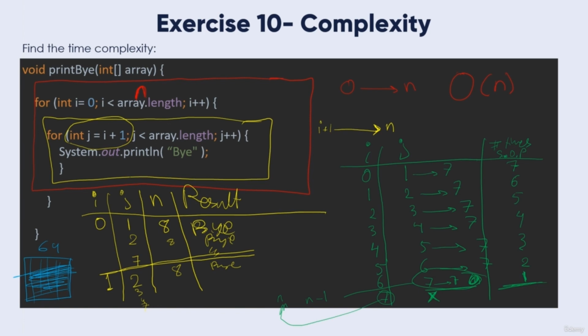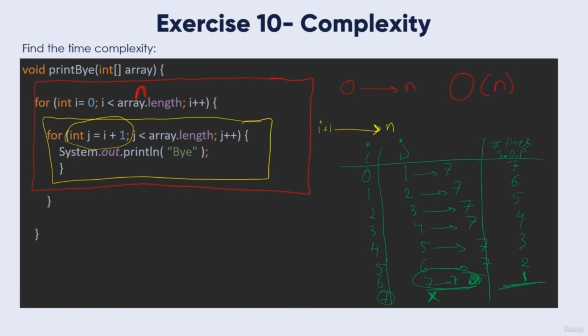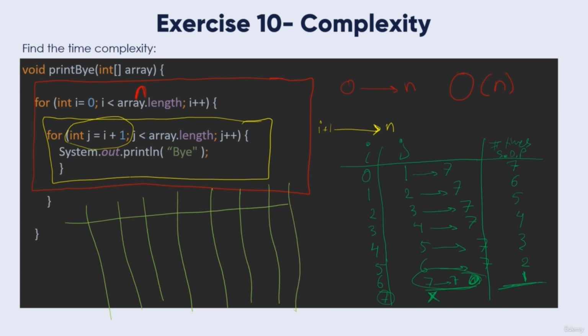So let's clarify again. If we have n squared, when n equals 8, these are the pairs.